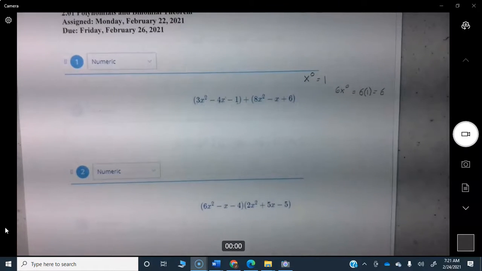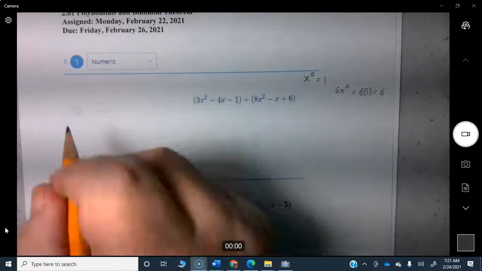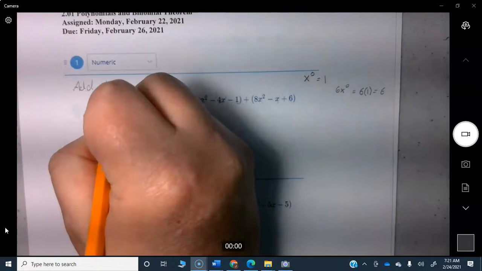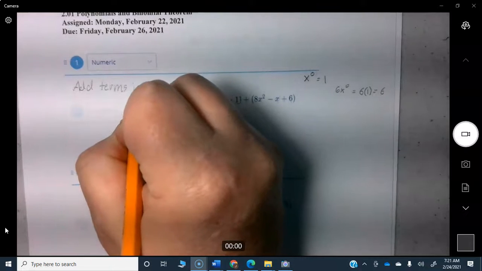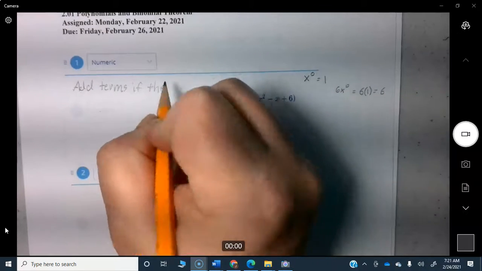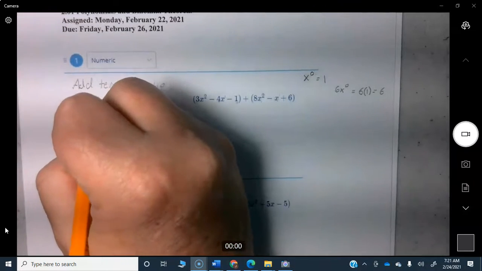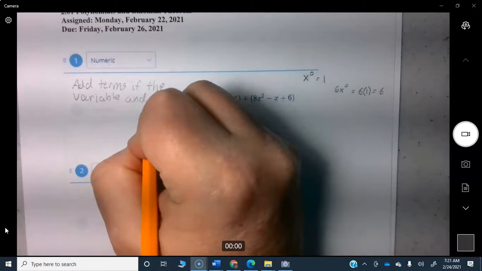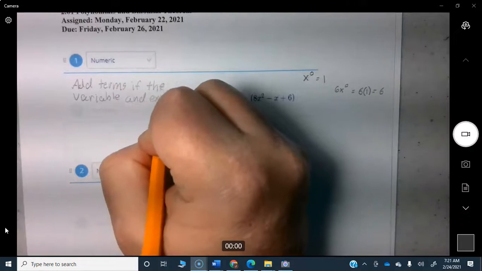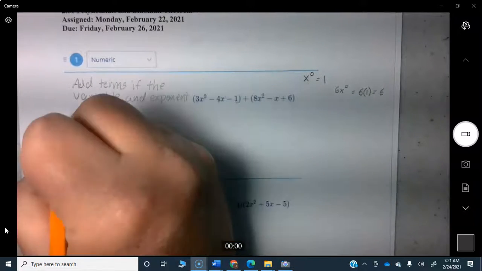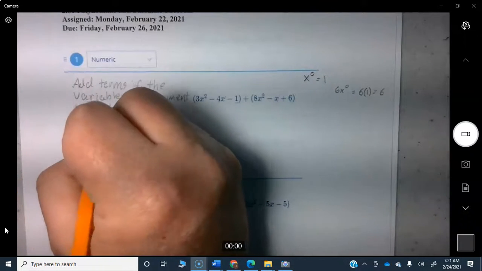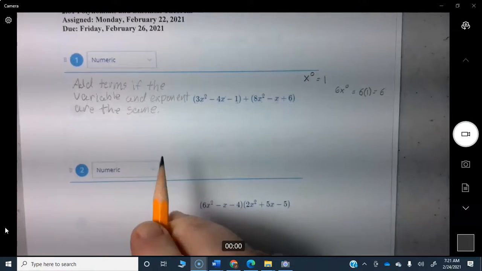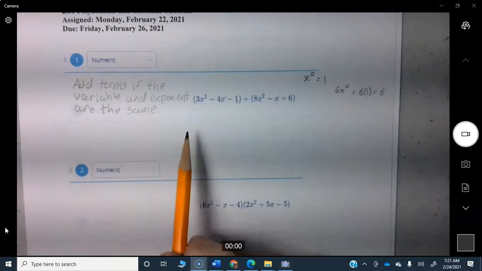Okay. So when you add these, you can only add terms if the variable and exponent are the same.